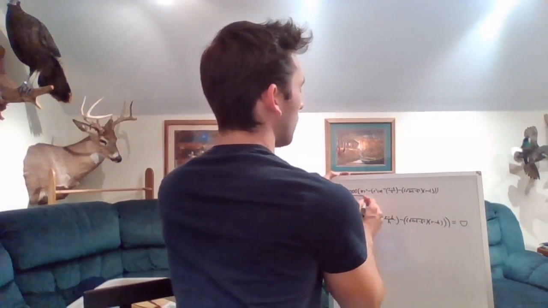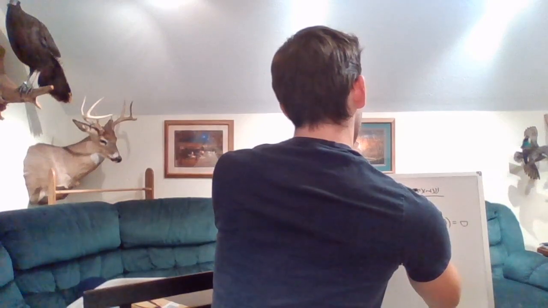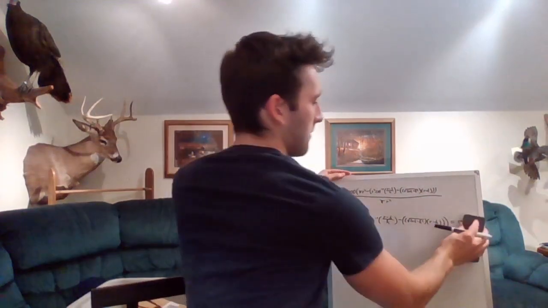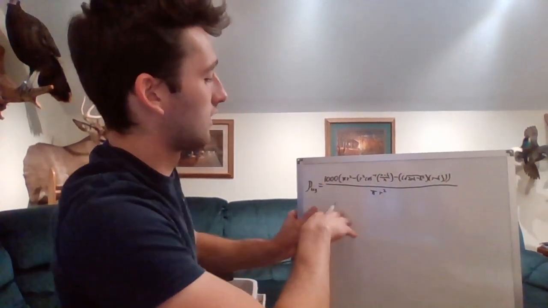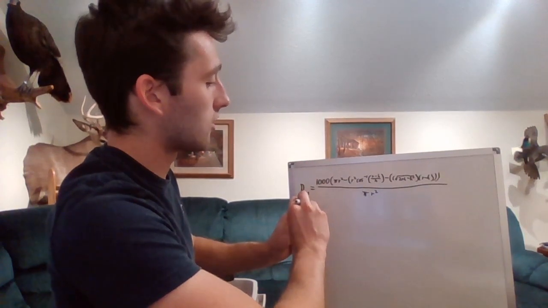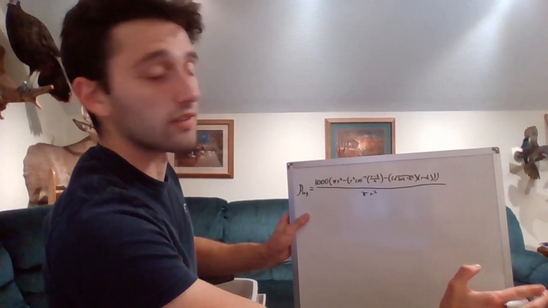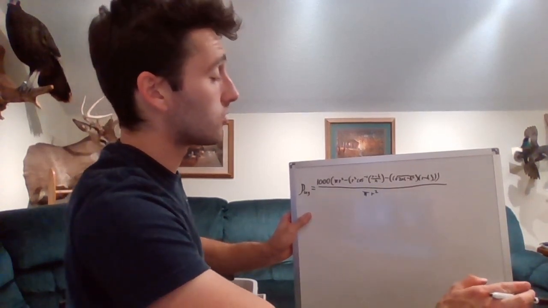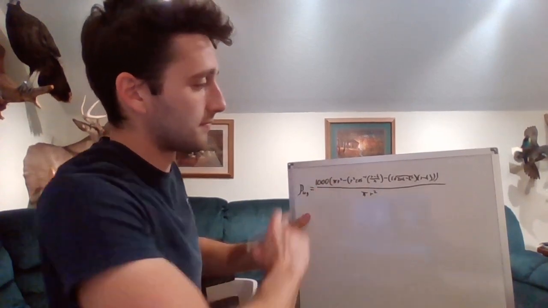And we have all of this divided by pi r squared. So then this is the equation for the density of the log, in case you've ever seen a perfectly cylindrical log floating in water. This is how you would find its density.